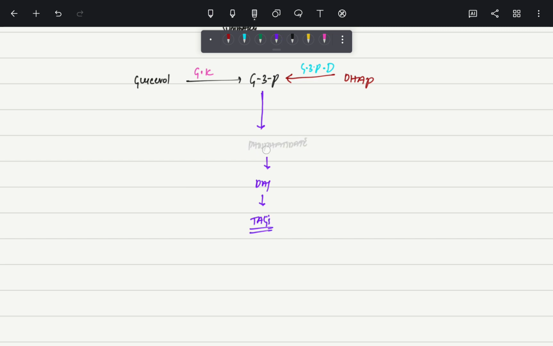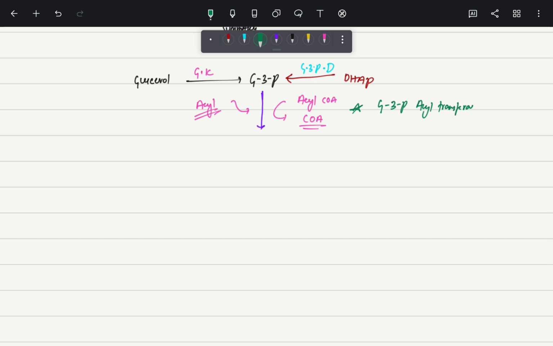Okay, first we need to do one acylation. The first acylation we are going to see. So here there is acylation. Acyl CoA is converted into CoA, and during this step the acyl group was transferred. And what is the enzyme responsible here? The enzyme responsible was your glycerol 3-phosphate acyltransferase.